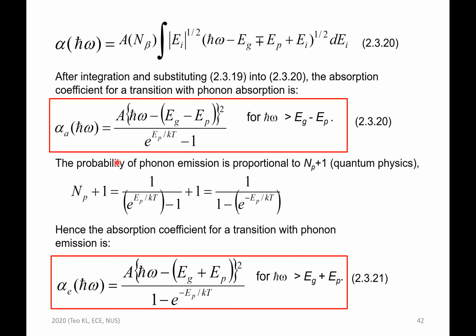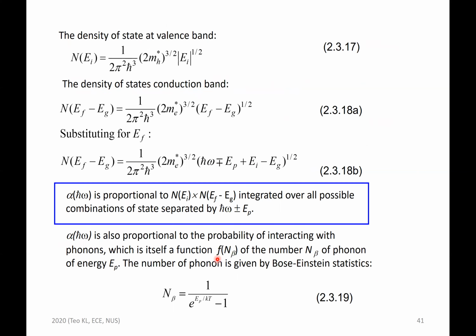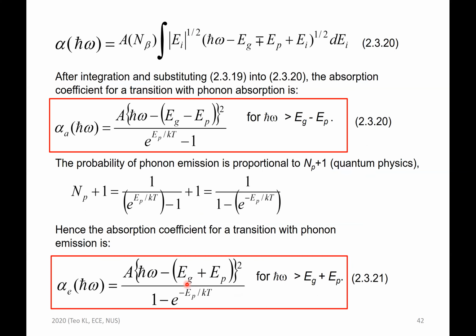Now, for the phonon emission, this term has to be plus 1. This arises from quantum mechanics; we are not going into the detail. So for phonon emission, the probability of phonon emission, or number of phonons involved, will be equal to NP plus 1, and that will give you this term.